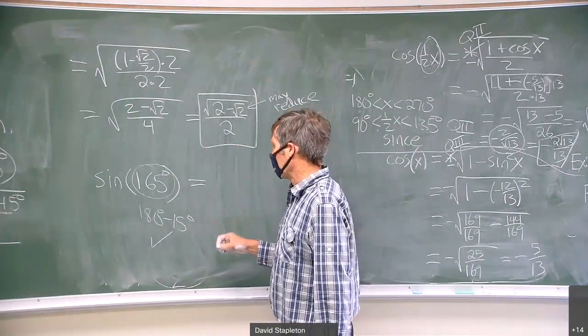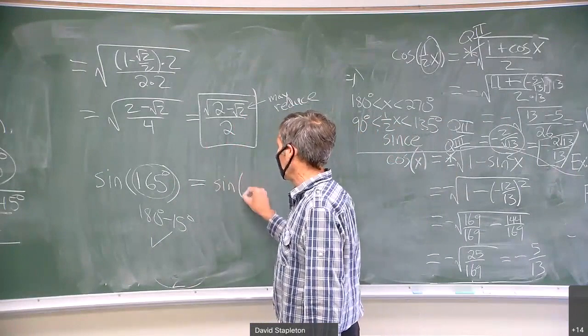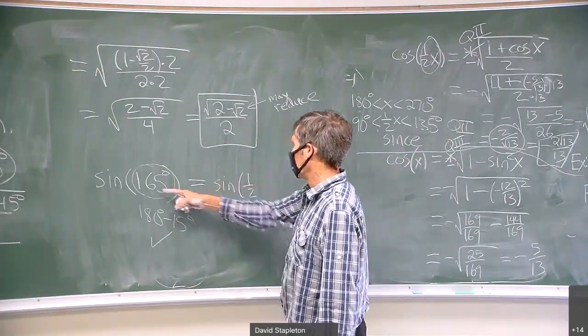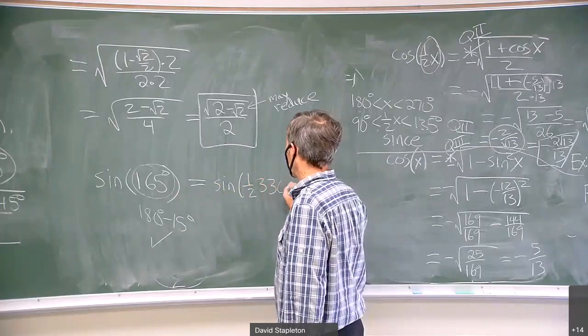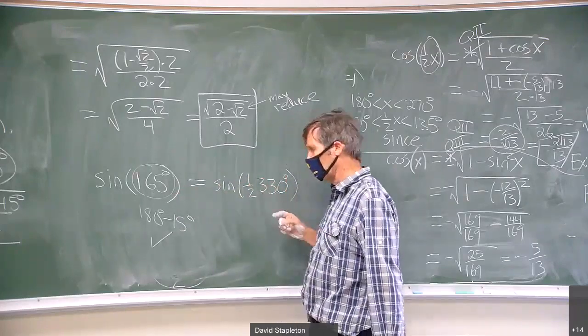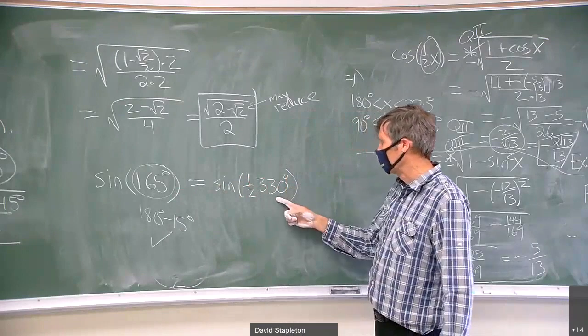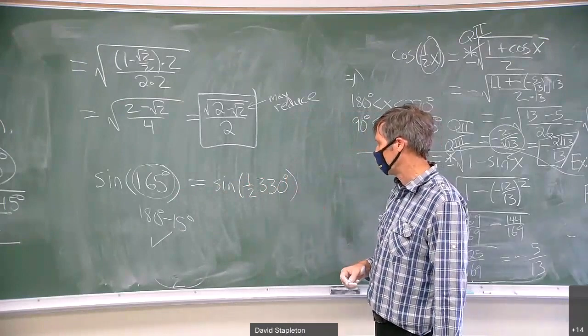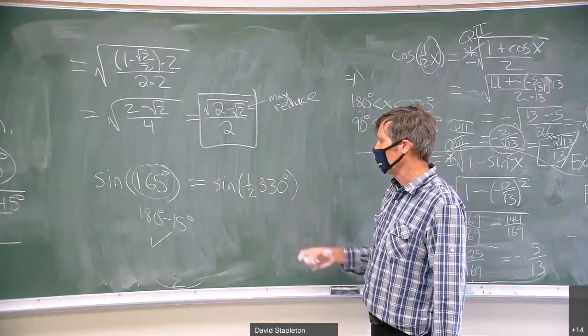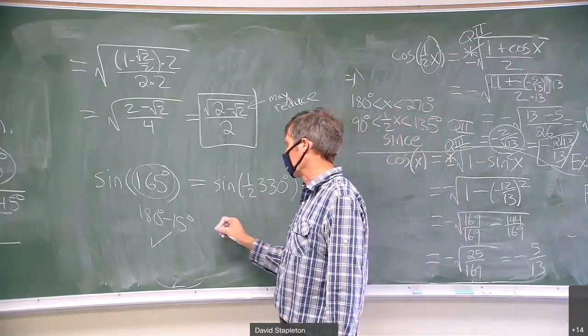So let's rewrite this as sine of half of 330 degrees. And you recognize immediately probably that 330 degrees is a special angle. It's 30 degrees from the quadrantal angle 360. Half of any special angle I can do exactly.